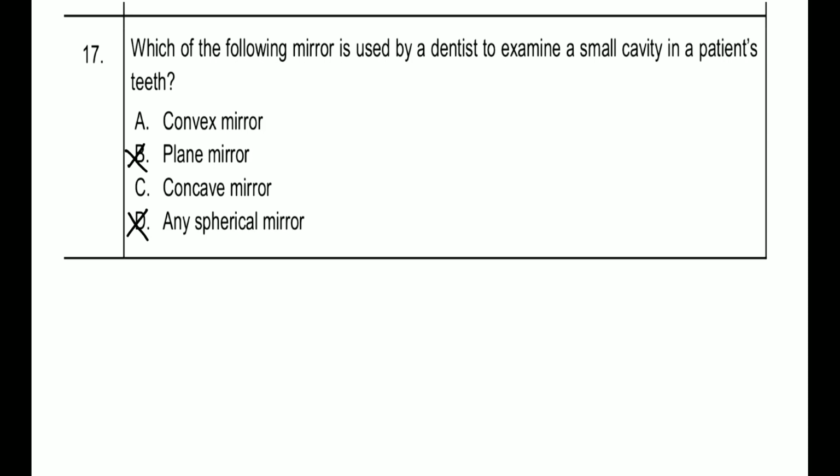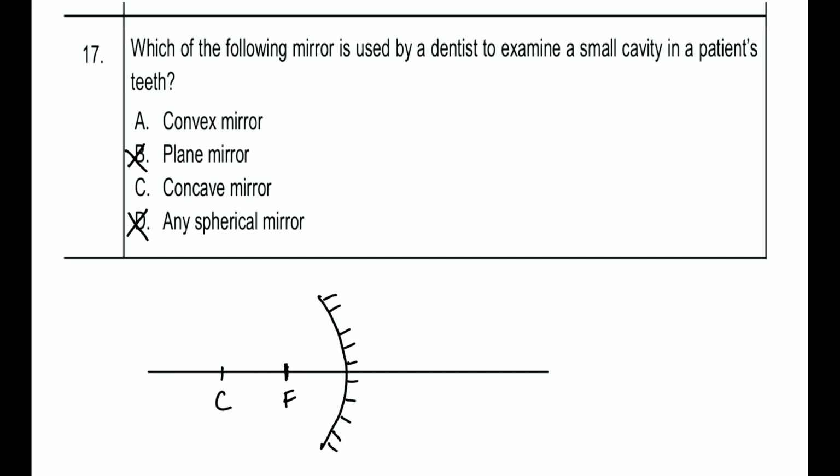Now when we talk about the concave mirror, we know that there is a very specific case in which we see a virtual and erect image, right? So for example, let's say this is the principal axis, this is my focus, and this is my center of curvature.